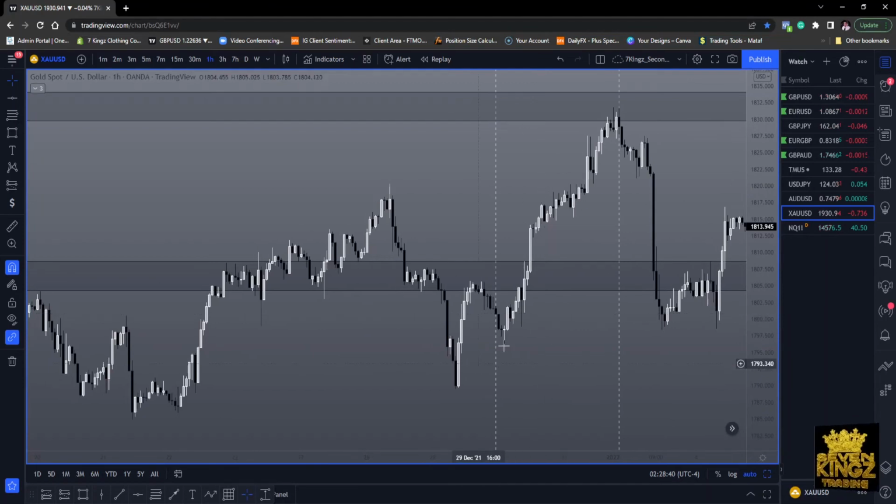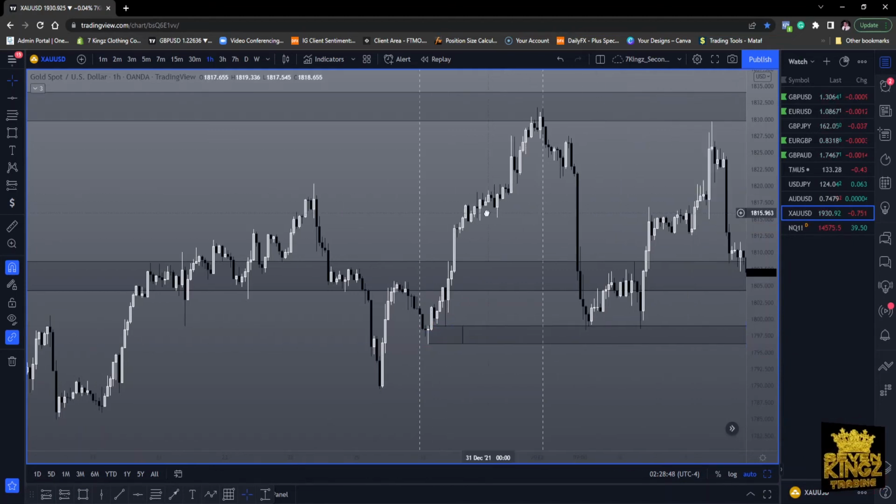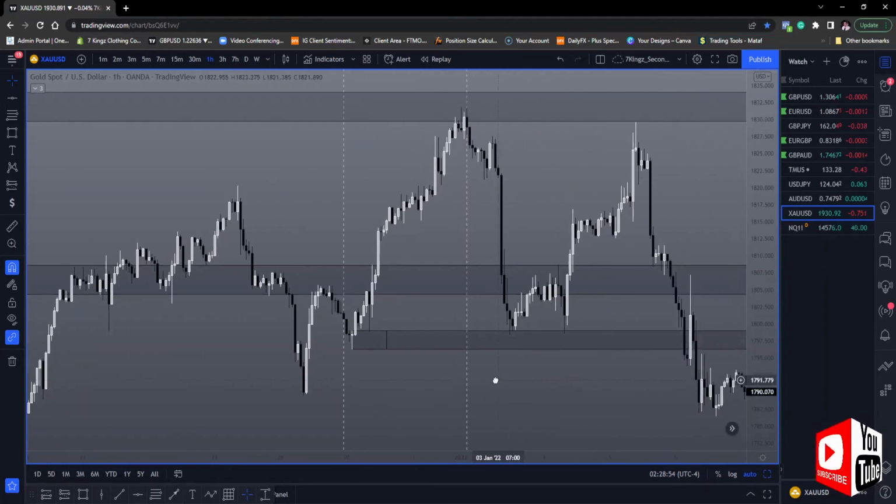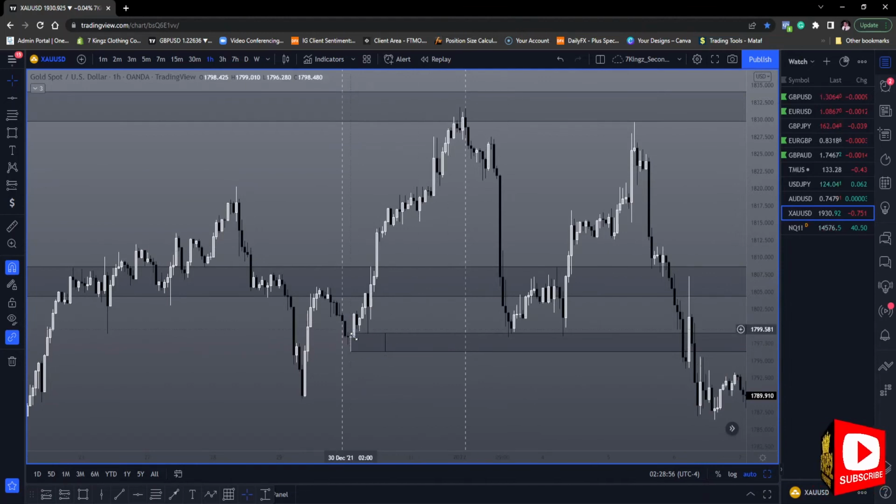We have another level here. Pushed up strong there, and when it pushed up strong, it hit one of our levels that we already had and shot down. When it shot down, it came back down to this level and gave us a move away.